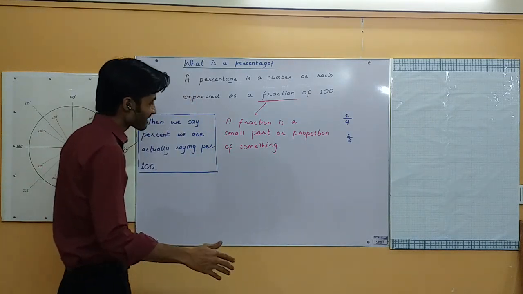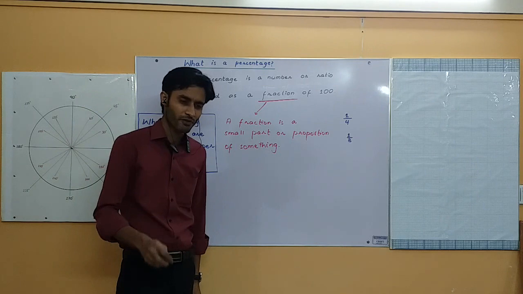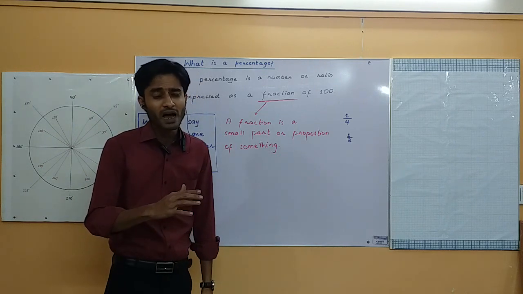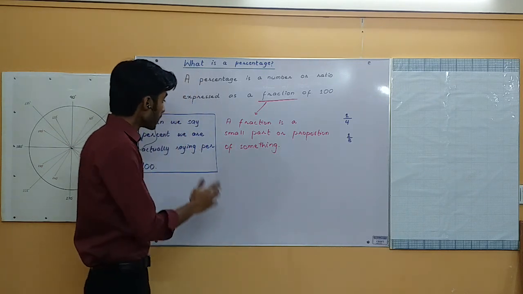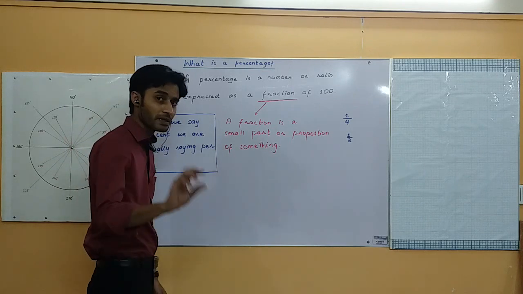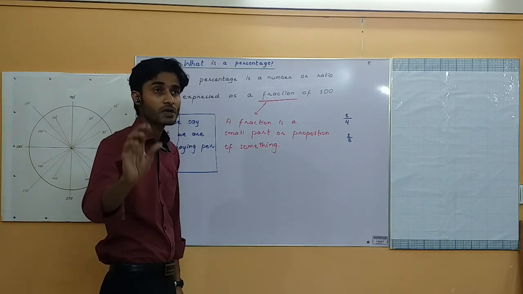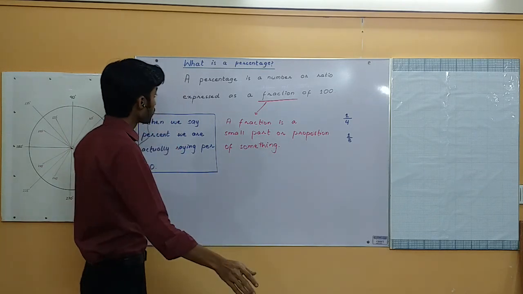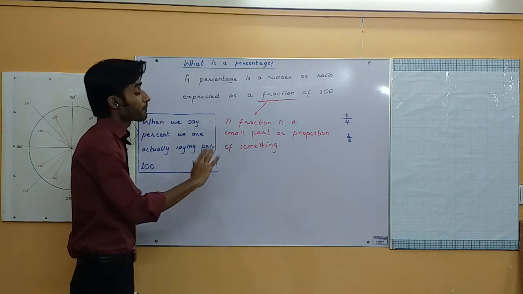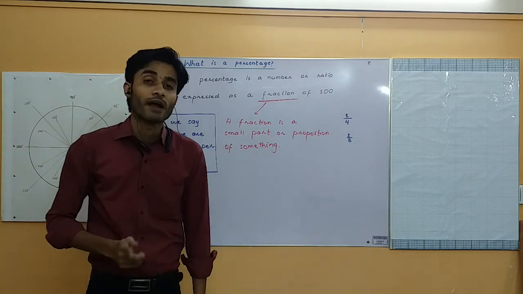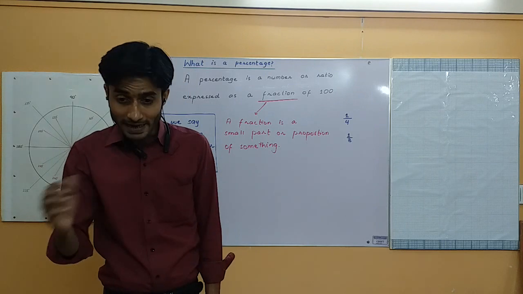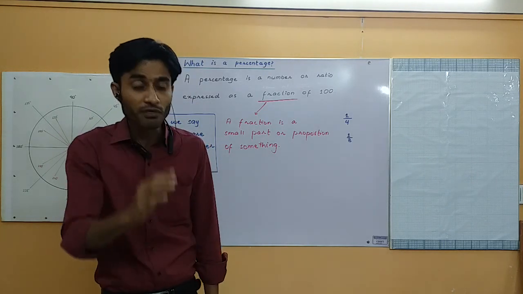You must have seen other examples in fractions: mixed fractions, proper, improper, and all that. I am obviously not going into that detail. So this is what a fraction is. Fraction means a part. First thing. So what is a percentage? A percentage is a kind of a fraction, but it's not just any fraction of anything.